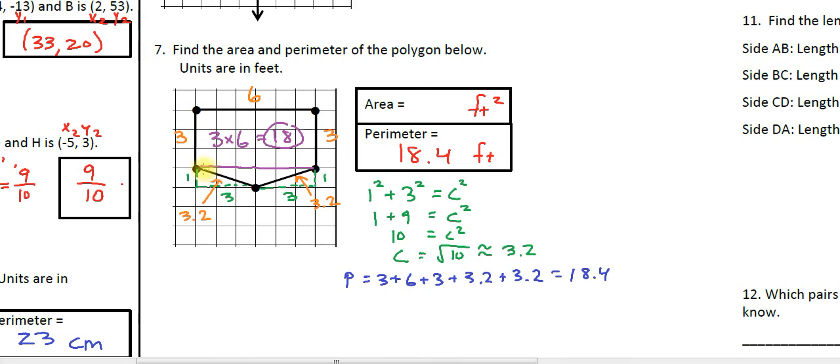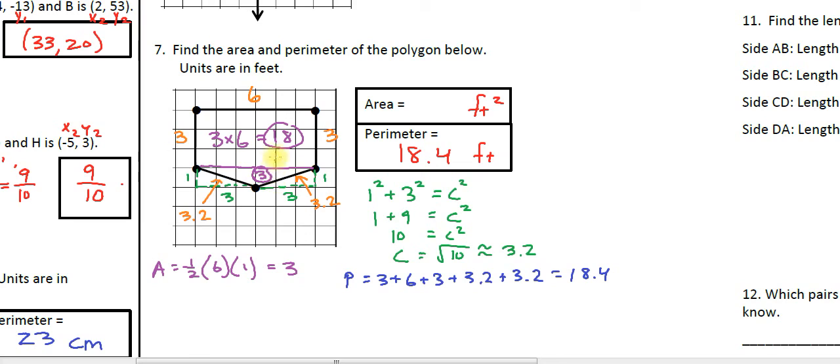The area of the triangle: 6 is our base. If we look at a horizontal side of that triangle, 6 is our base and 1 is our height. So the area of the triangle is 1/2 times 6 times 1, which is equal to 1/2 of 6, which is 3. So the area of this triangle is 3.